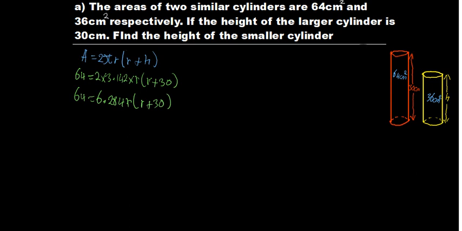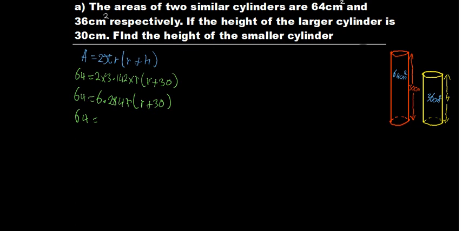Okay, so we need to expand, meaning we need to say 6.284 r multiplied by r, as well as the same value multiplied by 30.